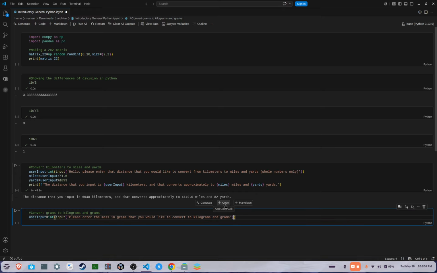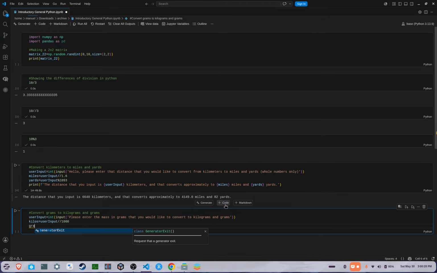Now this might sound simple to us, kilo meaning thousand, so we know to just divide by 1,000 and we'll get kilos, but to a lot of people that's not true. So kilos equals user input floor divide by 1,000, and then grams is just the remainder of the division of 1,000.